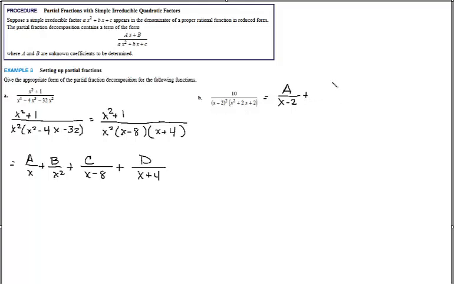I have a repeated root here, so x minus 2 quantity squared, plus, and then I'm going to need a cx plus d because this next one is a quadratic that doesn't factor. If I were to try to do the partial fraction decomposition, this would be what I would use. Alright, on to the next one, because they didn't ask me to actually solve this, they just asked for the setup.